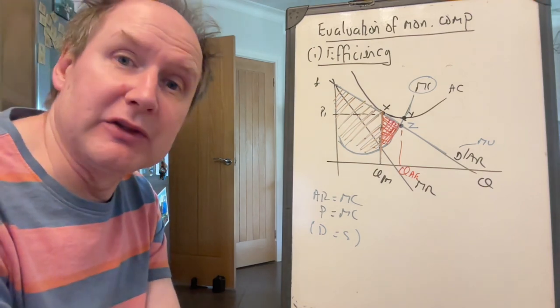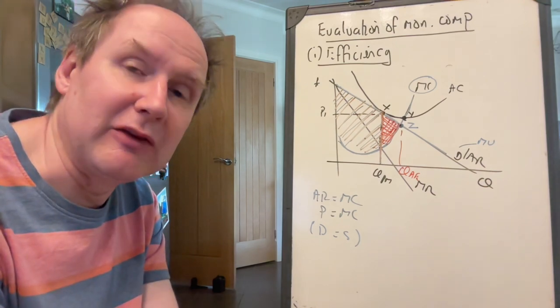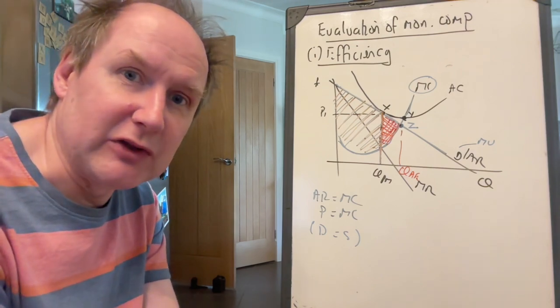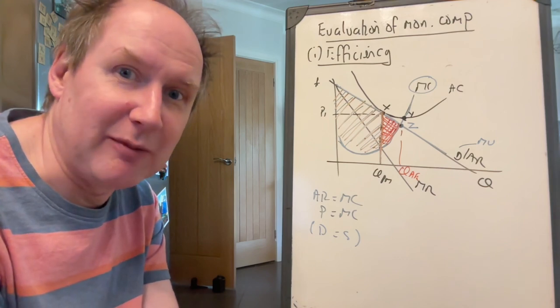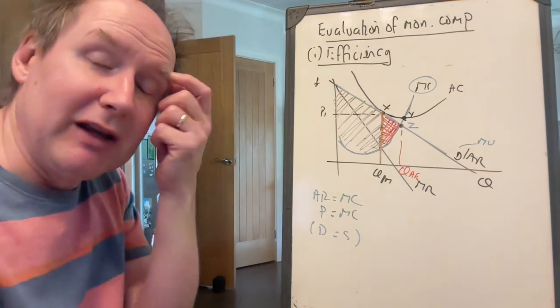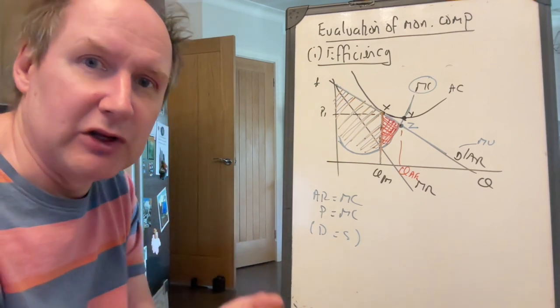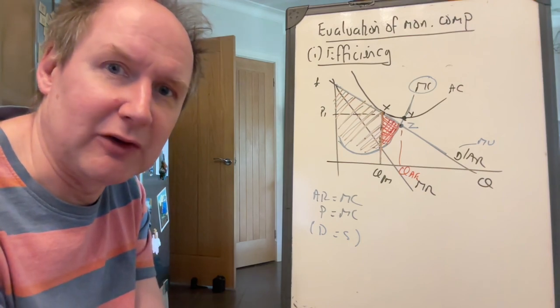As a result, there's no improvement in process, so no funds to put into ways of making things cheaper, and no improvement in product, so no innovation and so on. So it's not productively efficient, it's not allocatively efficient, and it's not dynamically efficient either. However, it will be X efficient. It does face a lot of competition. There's no scope for what's called organisational slack and for letting overheads get out of control.